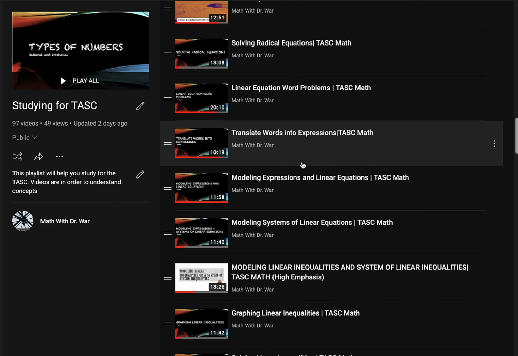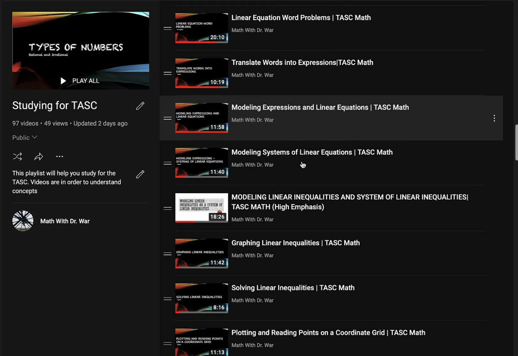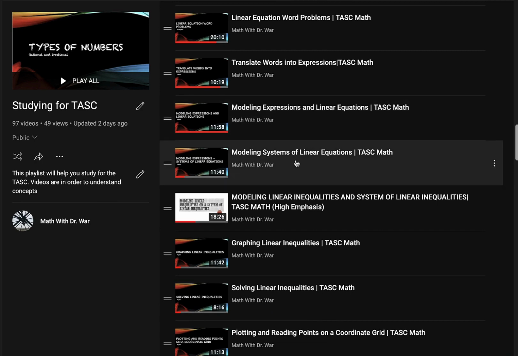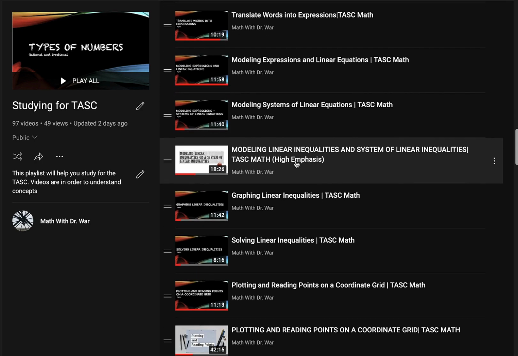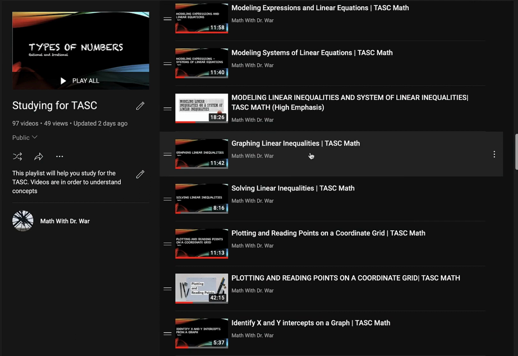A lot of students don't like these, so you're translating words into expressions. And then it's a lot of modeling expressions such as linear equations, systems of linear equations, also inequalities and systems of linear inequalities.